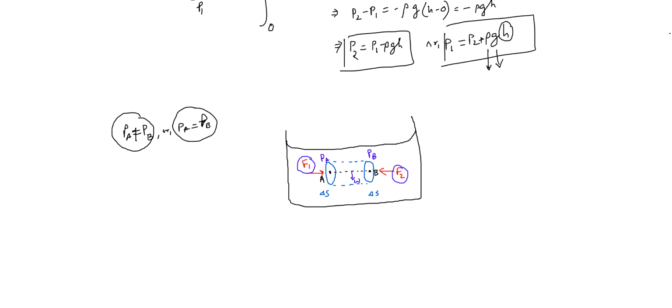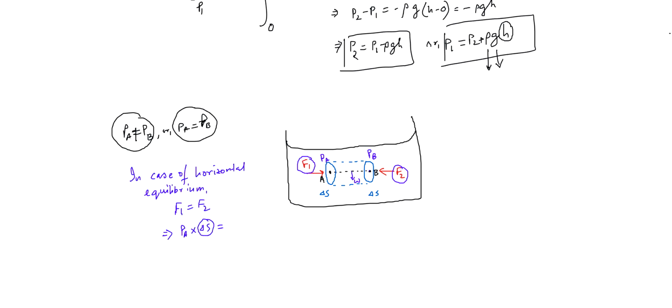If the fluid remains in equilibrium in the horizontal direction, F1 should be equal to F2 because there are no other horizontal forces, right? What is F1? Pressure at A multiplied by delta S, where delta S is the surface area.